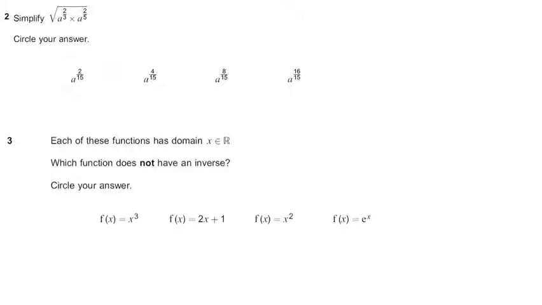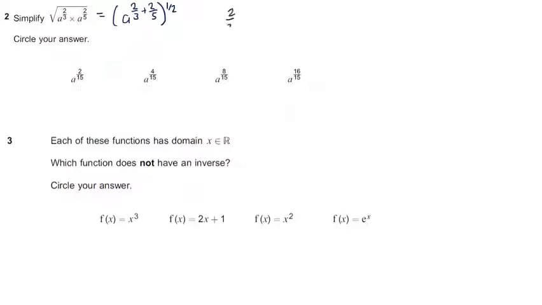Question 2, simplify this expression. So the square root is a power of a half, and we know if we multiply numbers that have the same base, we just add the powers together. So we've got 2/3 plus 2/5, and then to the power of a half.